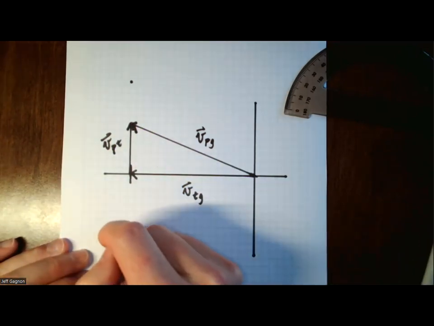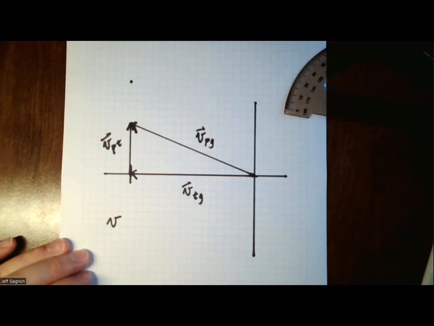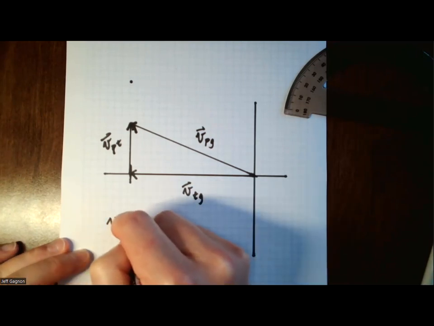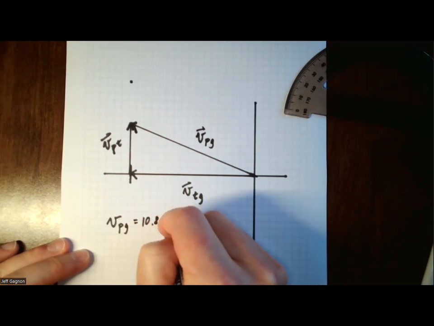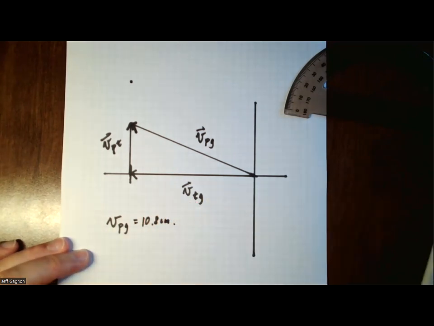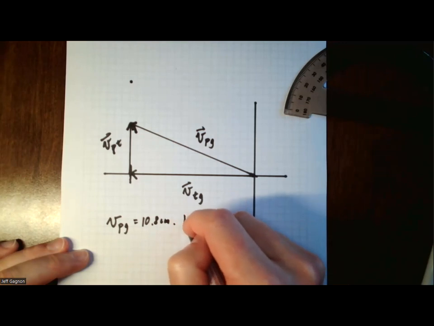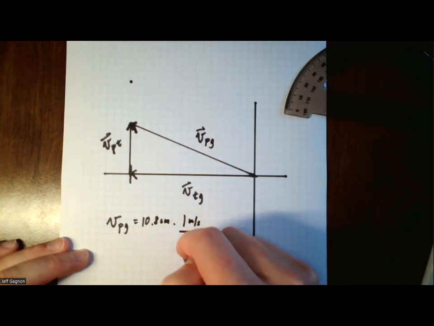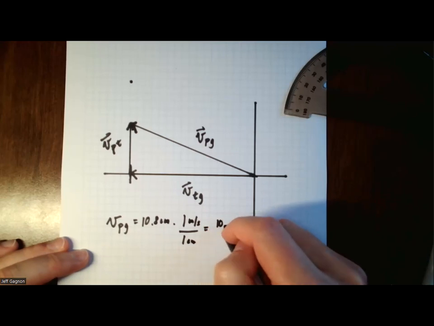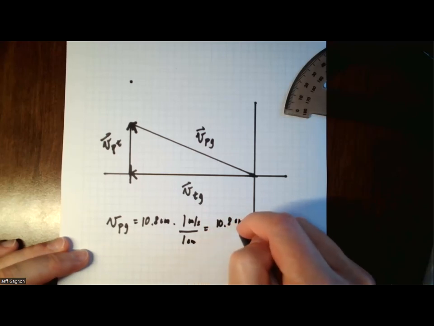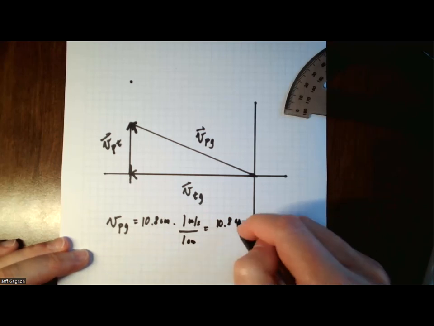So I'll say velocity of person relative to the ground, that magnitude is 10.8 centimeters. Now, if I multiply by my conversion factor, remember, I can now use 1 meter per second equals 1 centimeter. So that's easy, right? Multiply by 1. You're going to get 10.8 meters per second.